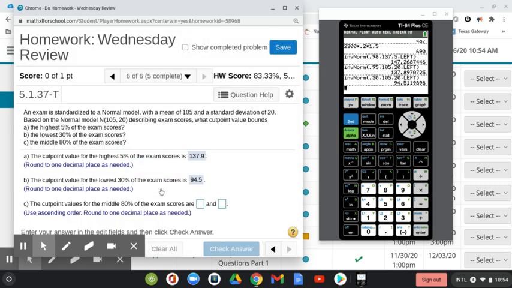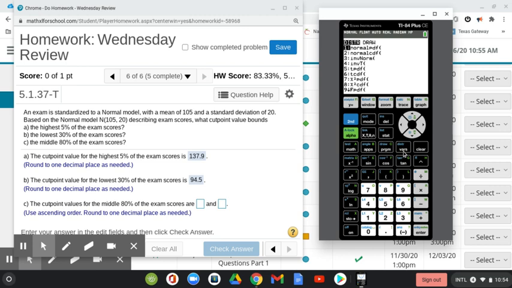All right, and the last one, you want the middle 80%. On your calculator, it's nice that you can do the center, and I'll do the center on this one because it just makes it easier. Otherwise you have to do it twice. Second vars, 3. So I'm going to change it to the middle 80%. So I have 80 for my area.